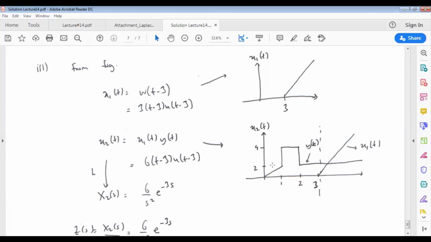That is why, when we multiply x1(t) and y(t), the value of this multiplication for t less than 3 will be 0.